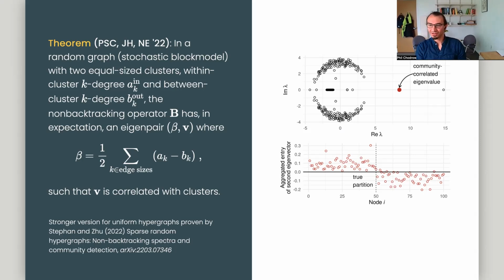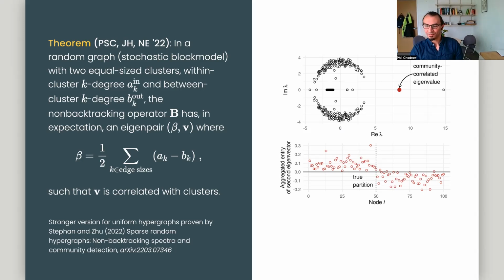Then in the good case, and I'll say more about what I mean by good case later, there's going to be another real eigenvalue that's separated from this disk. If you take that eigenvalue and look at its associated eigenvector, you have to do a little bit of summing up in order to get things on the node level.